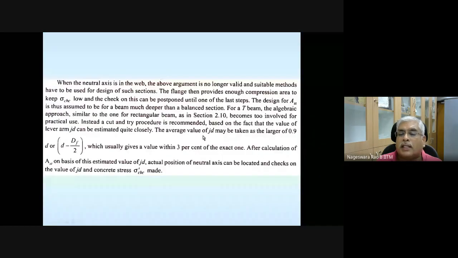the suggestion here is that the lever arm jd may be taken as the larger of 0.9d or d minus half of the flange depth. So out of these two, whichever is larger.